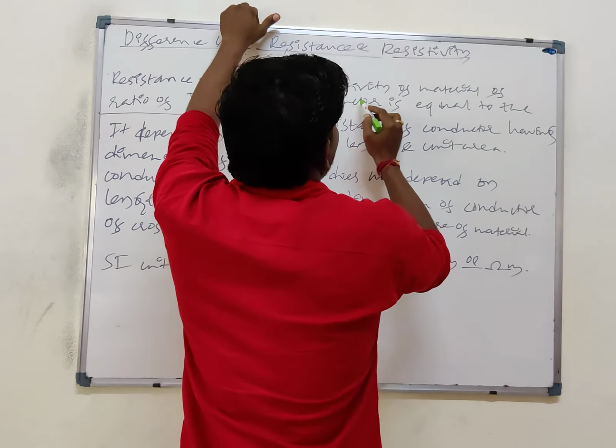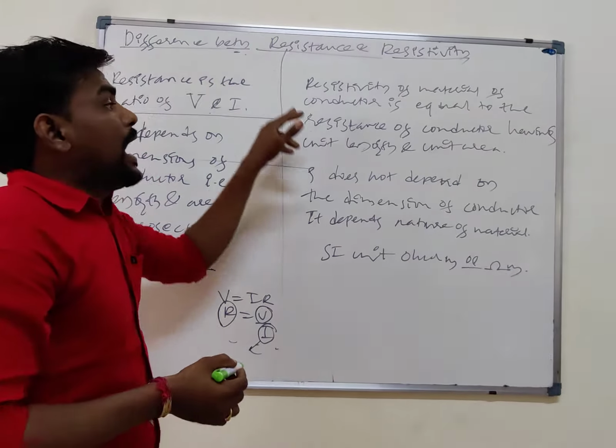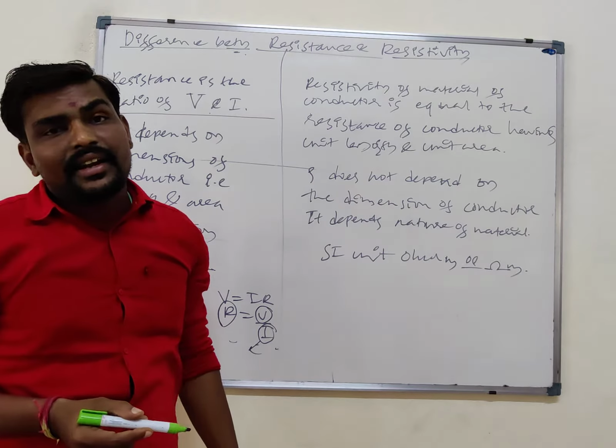Resistivity of material of conductor is equal to the resistance of the conductor having unit length and unit area.